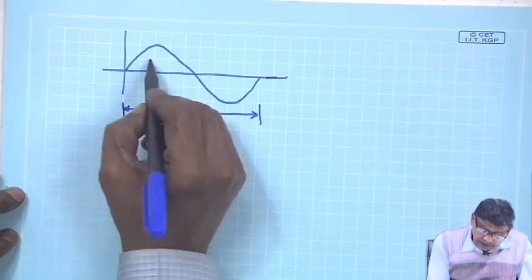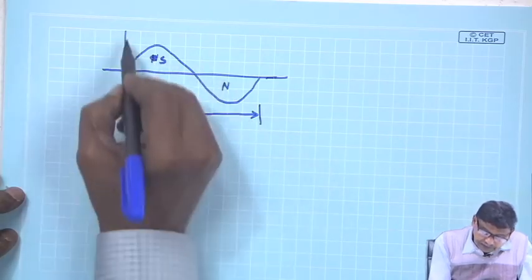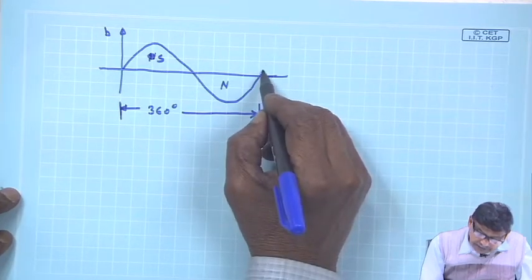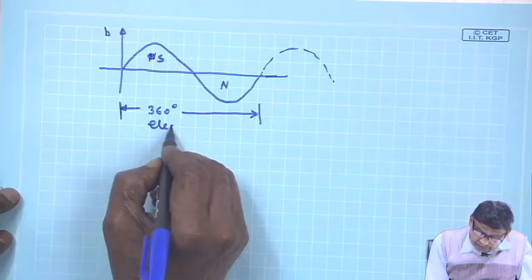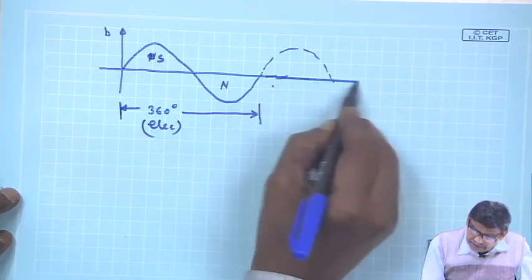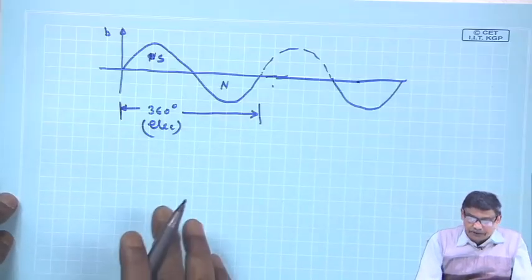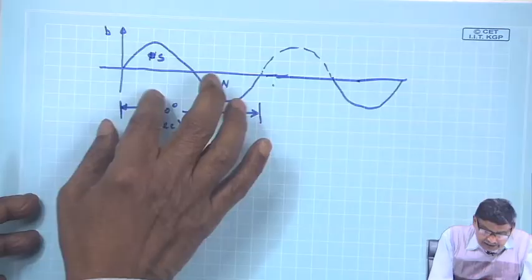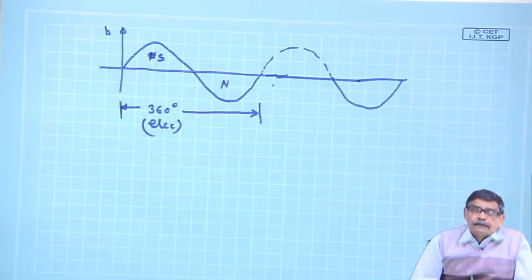After you are examining north south or south north, say, this is B distribution, and once again this thing repeats 360 degree electrical, okay, and this thing is repeating. Now, an interesting point should be noted that beneath this distribution there is air gap and there are coils, conductors moving.